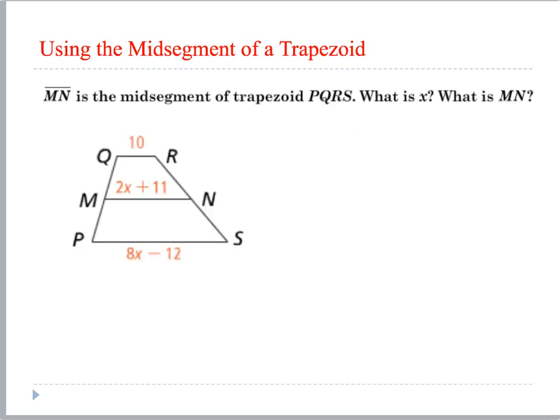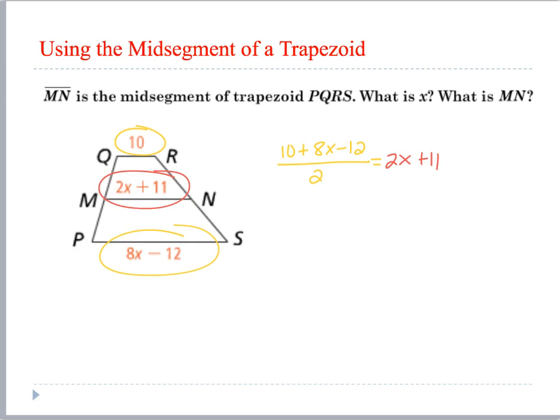All right, let's use that concept one more time on this one here. Take my two bases, add them together, and divide by 2. 10 plus 8x minus 12, that's my two bases, divided by 2 equals our mid-segment, which is 2x plus 11.